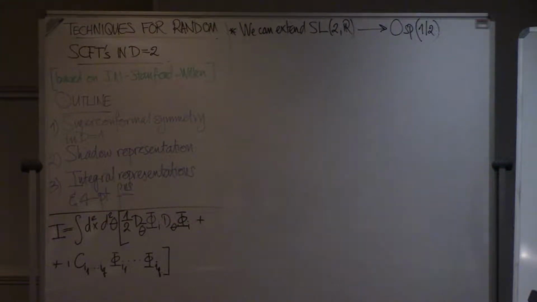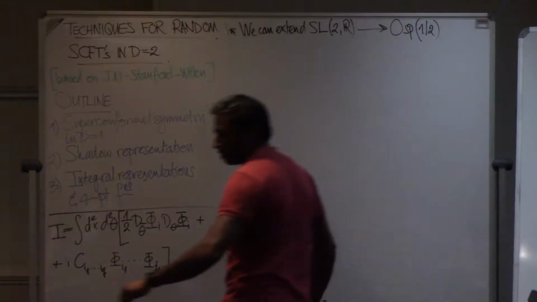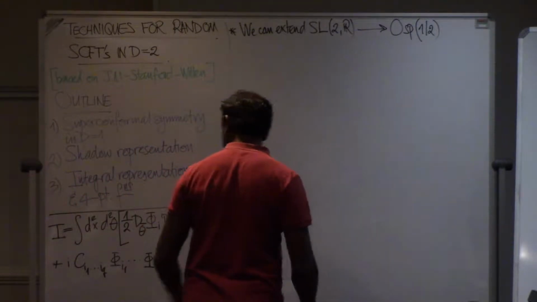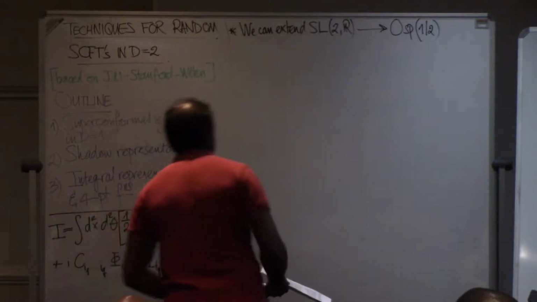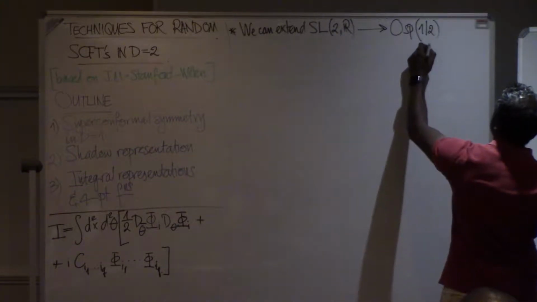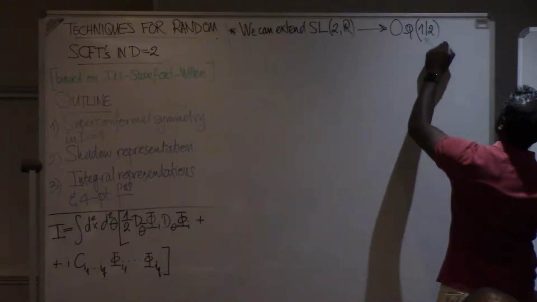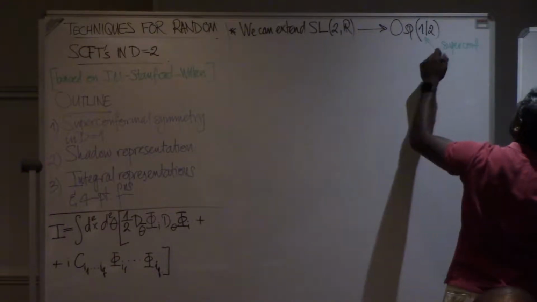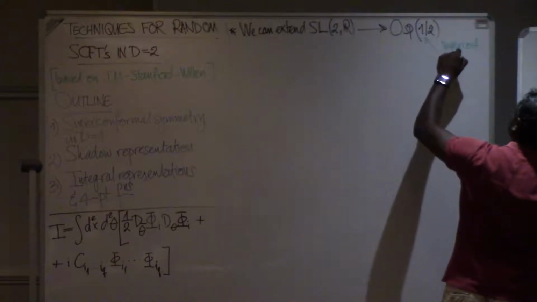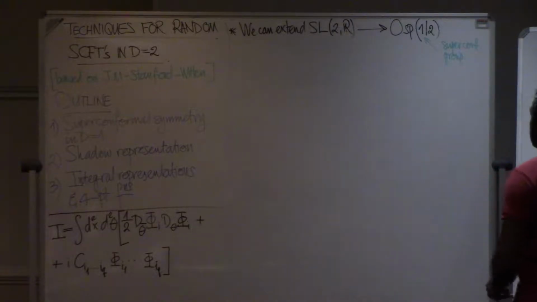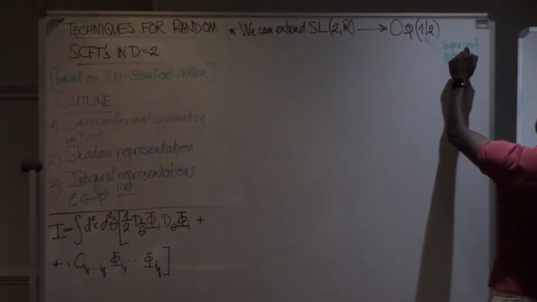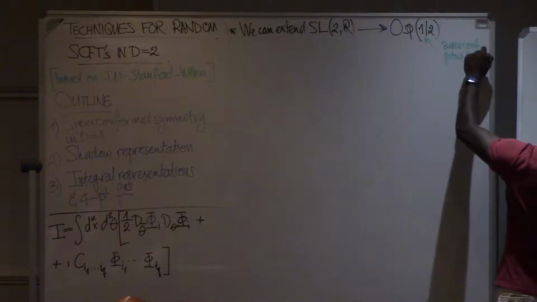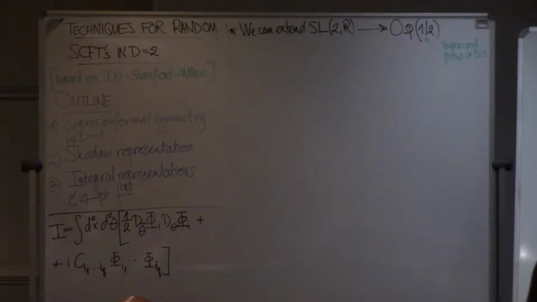So this is the superconformal group in d equals 1, by the addition of two fermionic generators.